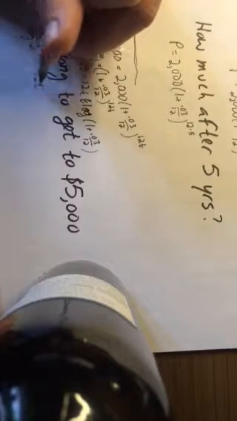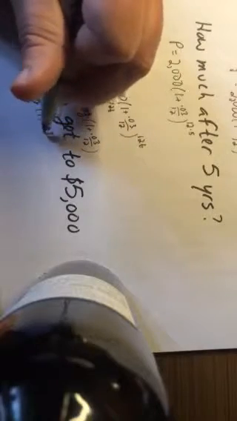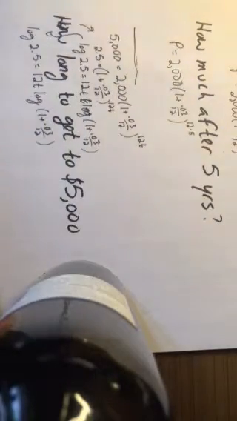Hold on. Log. There. Log of 1 plus 0.03 over 12. Let's let it come down here so we can see it prettier. Log of 2.5 equals 12t log of 1 plus 0.03 over 12.